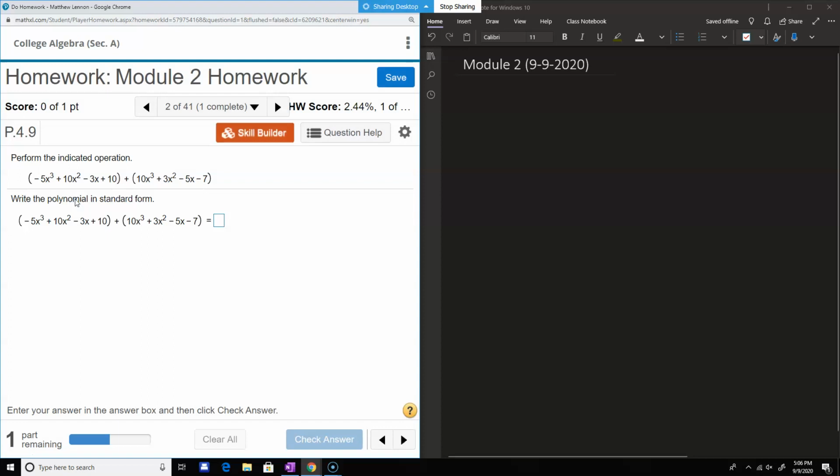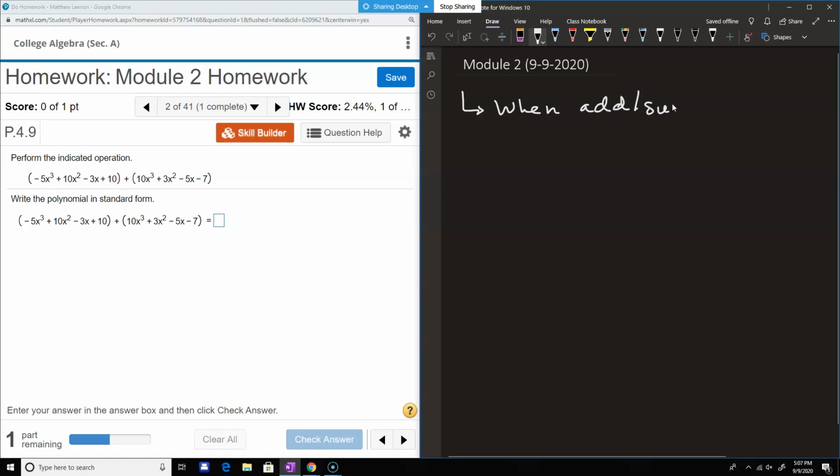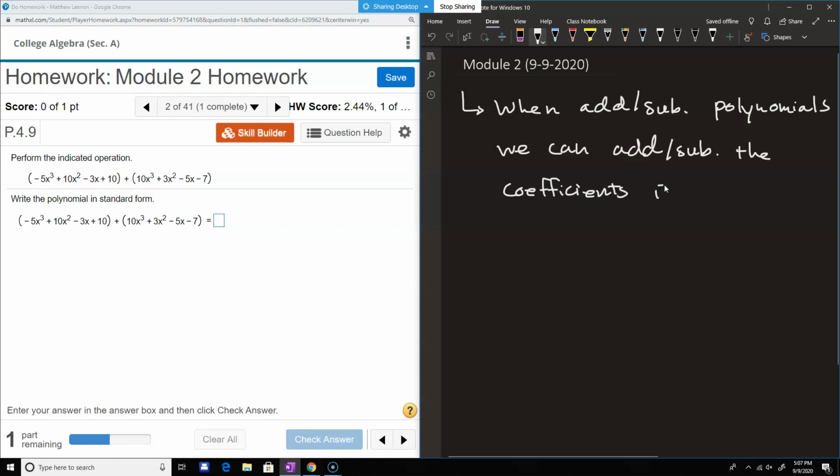For adding polynomials like this, adding and subtracting, the first thing I would say here is when adding or subtracting polynomials, we can add or subtract the coefficients, which are just the numbers in front, if they are like terms.